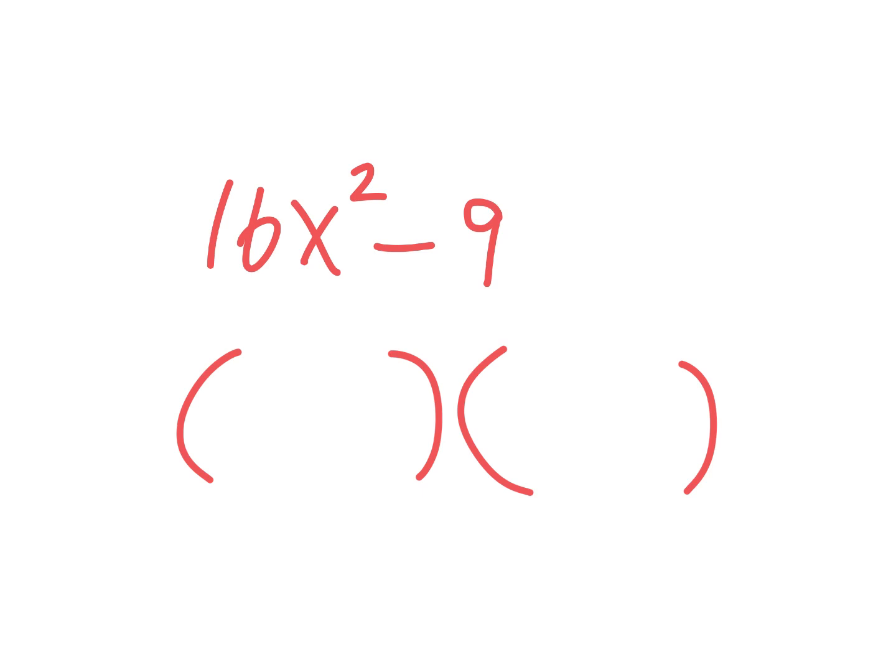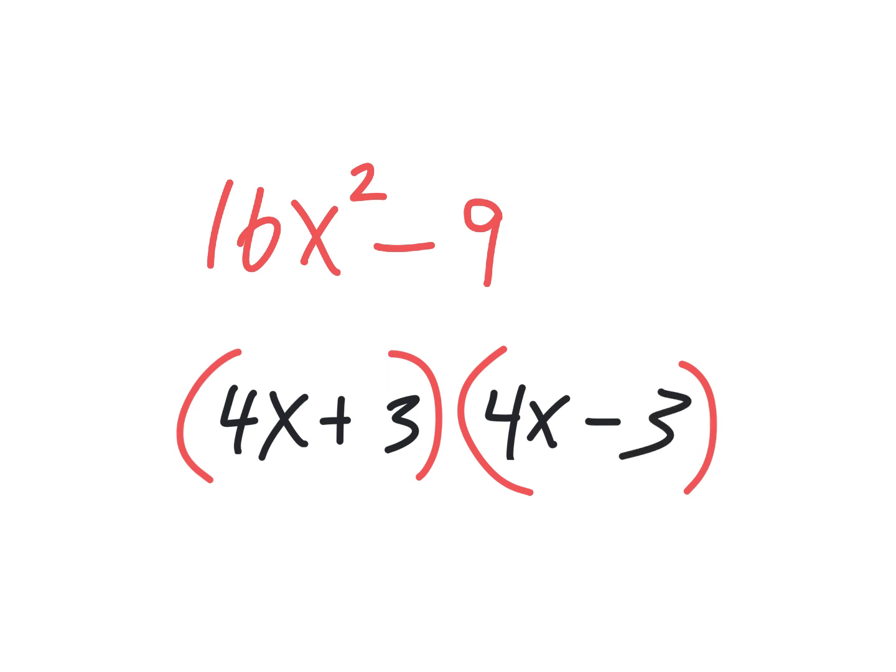Cyril, what do you say? 4x and 4x and a plus and a minus and a 3 and a 3, and he's right. Who had the same thing? Okay, I think you get that kind.